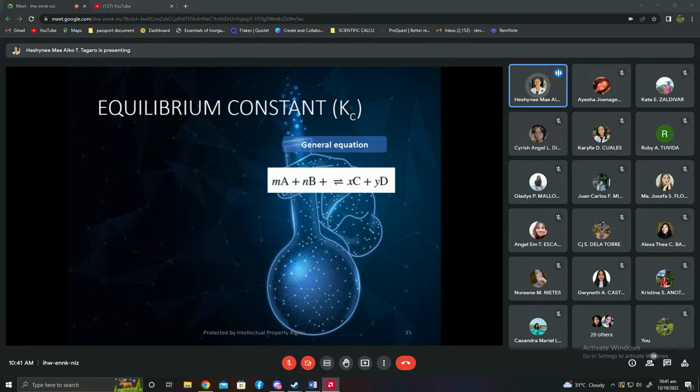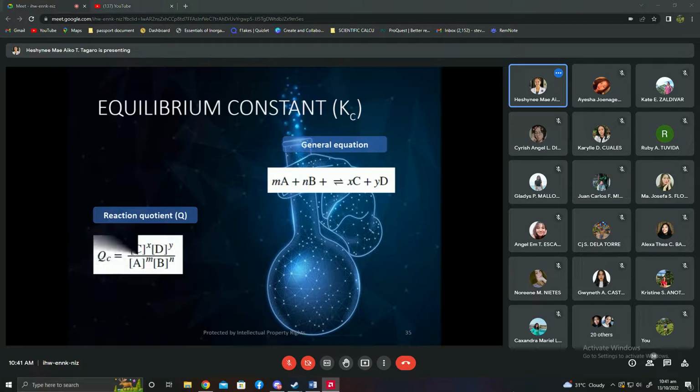We can write the reaction quotient, represented by letter Q, for this equation. Take note, when the reaction quotient is evaluated using concentrations, it is called QC.